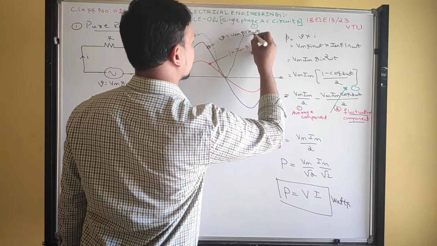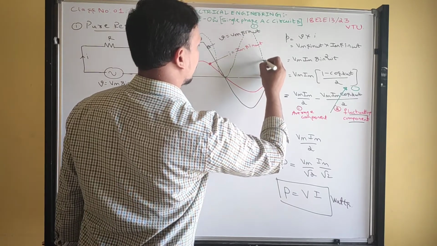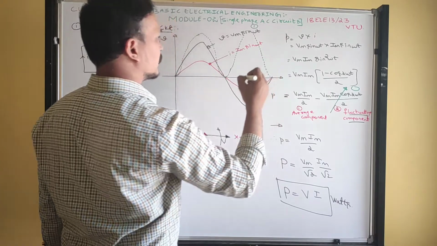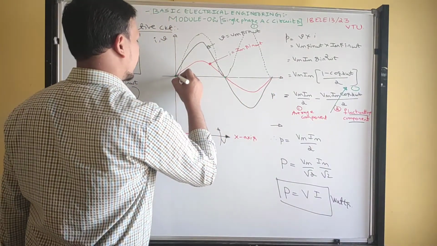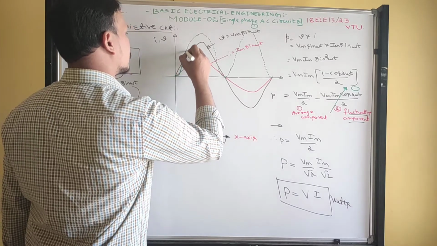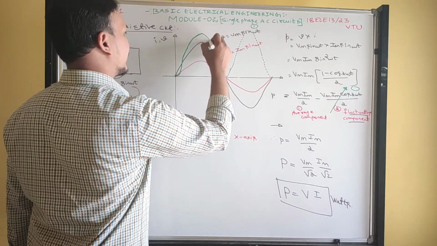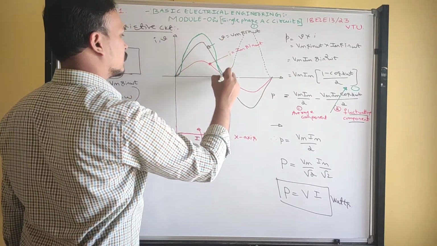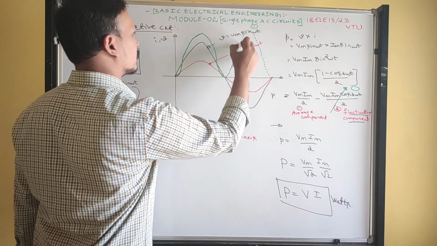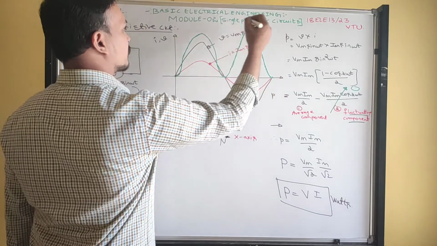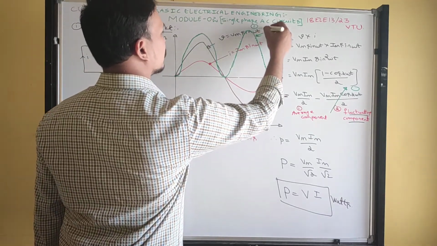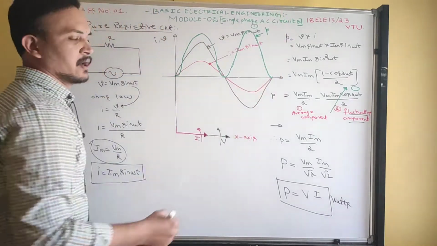It reaches maximum value at some instant, and again the power value becomes 0. So this is the power waveform, in green color. What is this power? Instantaneous power.